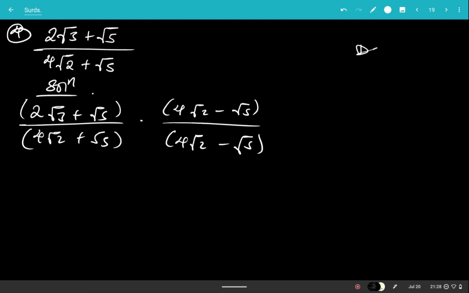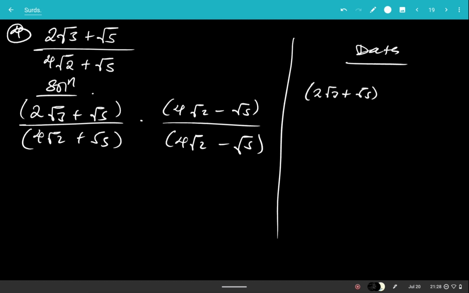Then you can just do it and solve 2 root 3 plus root 5 times 4 root 2 minus root 5. So 2 root 3 times 4 root 2, that's going to be 8 root, since it's root 3 times root 2, that will give us a 6.